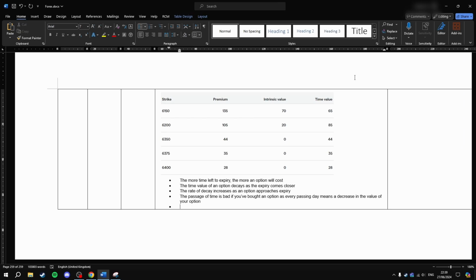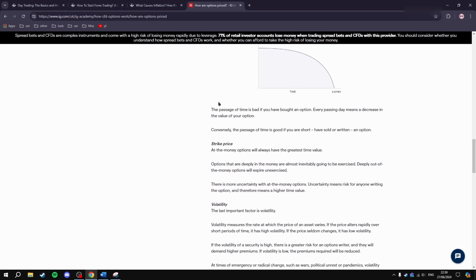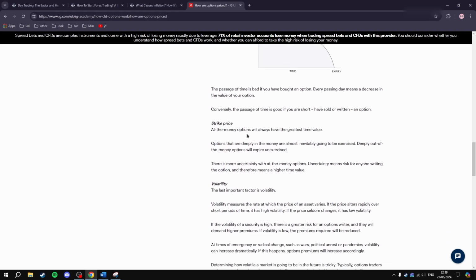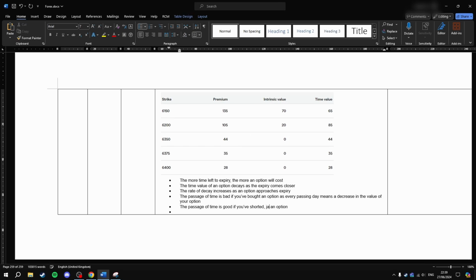But this only applies when you're not going to exercise the option, so you're trying to sell the option on as well. Conversely, the passage of time is good if you've shorted, sold or written an option.